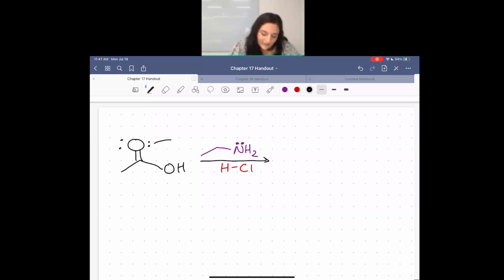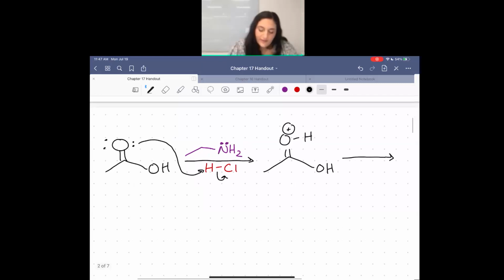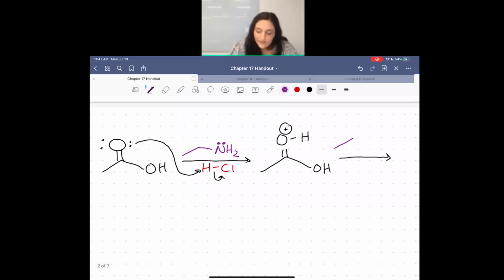With an acid catalyst, what is always the first step? Protonate, exactly. So we're going to steal a hydrogen, and we get a plus charge. And that makes the electrophile more electrophilic, and it makes it easier for the nucleophile to attack. So please remind me, what atom specifically acts as the nucleophile? The nitrogen, exactly.